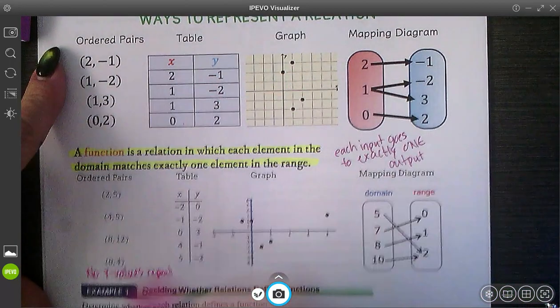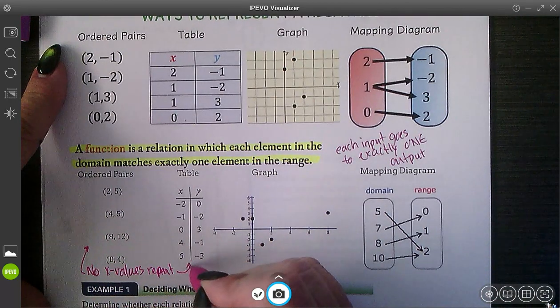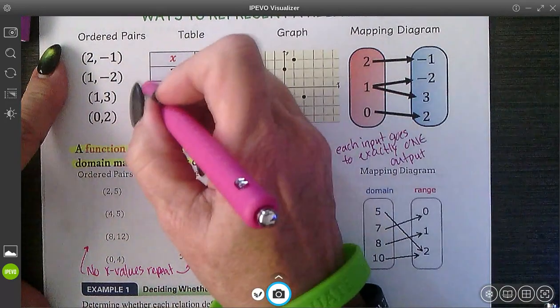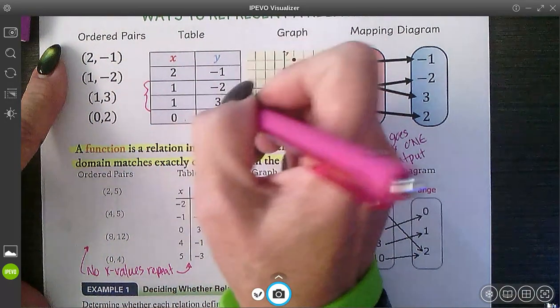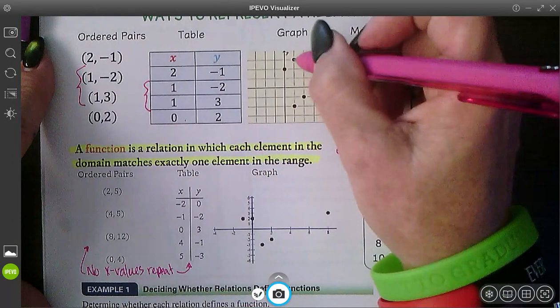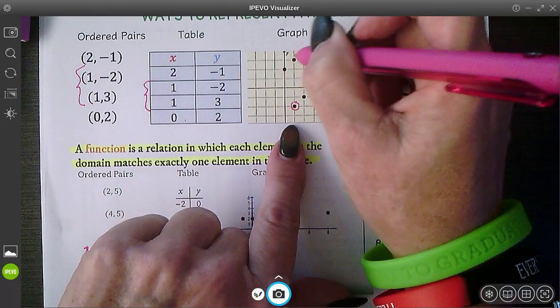So I can't have any x values repeating in my list of ordered pairs or in my table. These repeating x values of 1, -2, 1, 3 that I see in my ordered pairs are right here in my graph, 1, -2, and 1, 3.